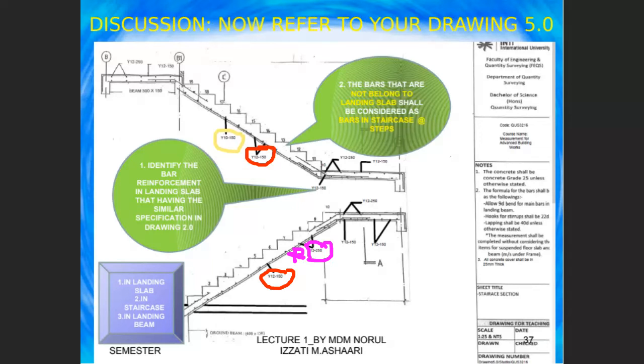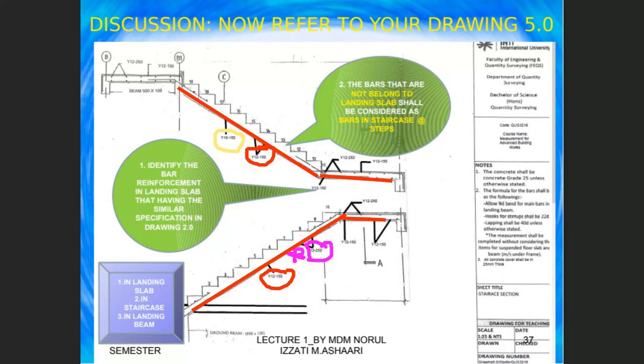Okay, but if you look at the red color, for example, the red color at the top flight is the bar reinforcement that is a straight line like this. So let's say this is the bar, so 1 and 2. Another one is 1 and 2. This is inside the staircase.